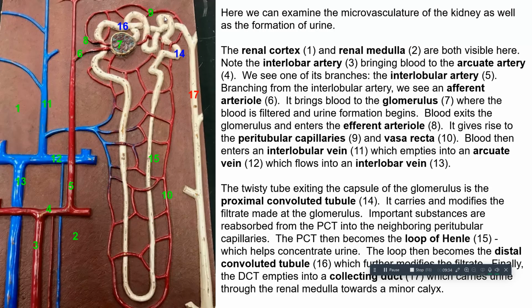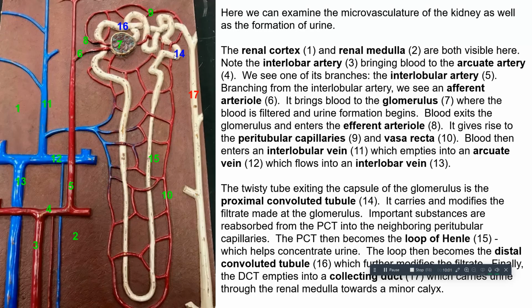So good stuff that got filtered and ended up in the filtrate, like glucose, for example, is going to be reabsorbed back into the bloodstream. Any bad stuff in the blood that did not get filtered is going to get secreted into the filtrate. So in this proximal convoluted tubule, it's going to work with the peritubular capillaries to do reabsorption and secretion.